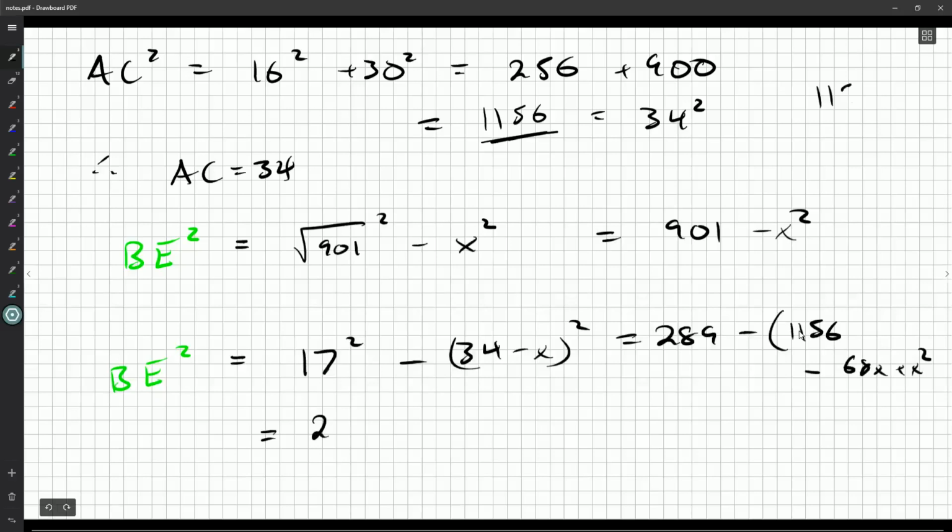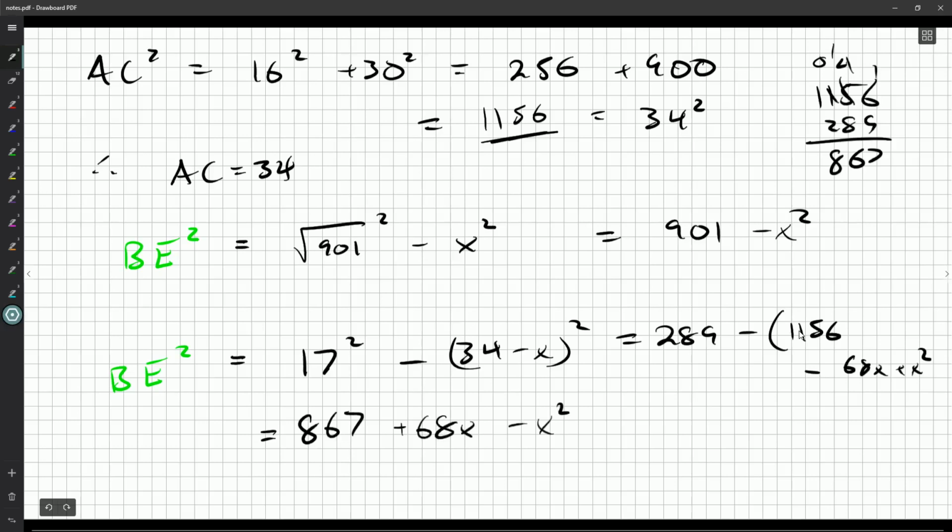What's 1156 minus 289? 7, and then 6, and 8. So 867, plus 68x minus x squared. So these guys should be equal. 901 minus x squared should be 867 plus 68x minus x squared.